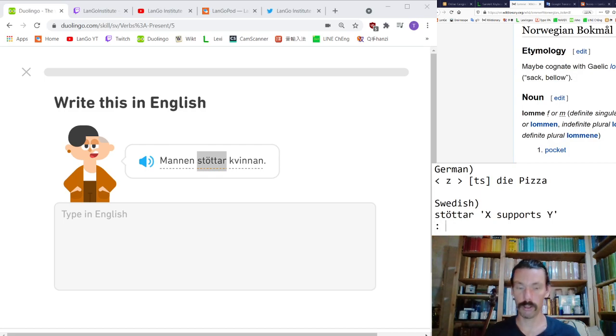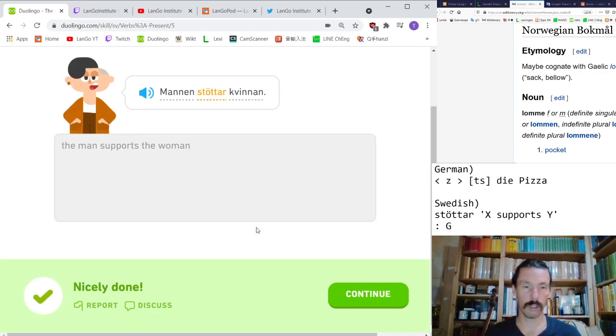What do we have in German? For stöttar, to support. Mannen, the man, stöttar kvinnan. Supports the woman. And our English word is Romance origin. Latin root here, to carry, with the prefix sub, under.